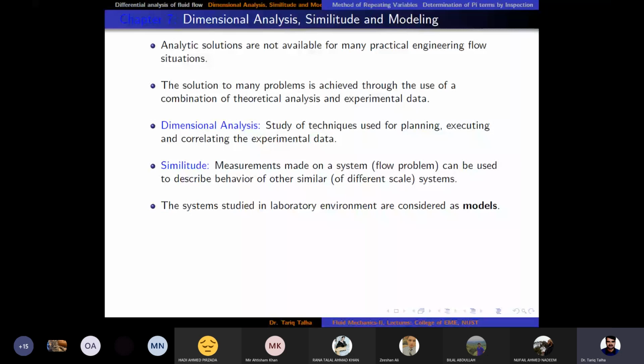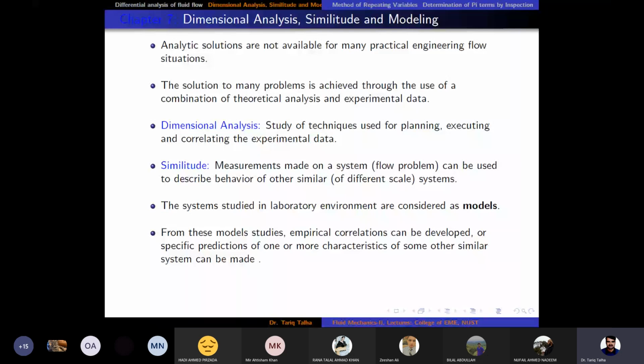The systems studied in the lab are considered to be models, right? The actual one is the prototype, and the model is what we use for evaluation in the lab experiments. From these models, empirical correlations can be developed.